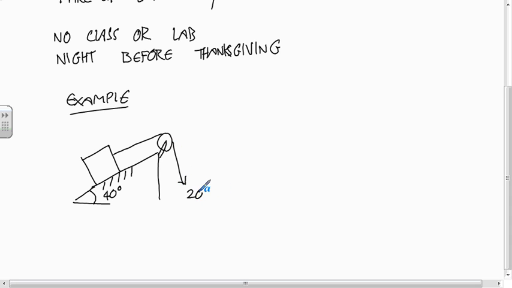And let's say there's a 200 Newton force pulling on it, and let's say that the mass is 15 kilograms. We're going to do this problem two ways. First, we're going to assume that there's no friction, like this is ice or something. And then second, I'm going to give you a coefficient of friction, and we'll compare the two answers.